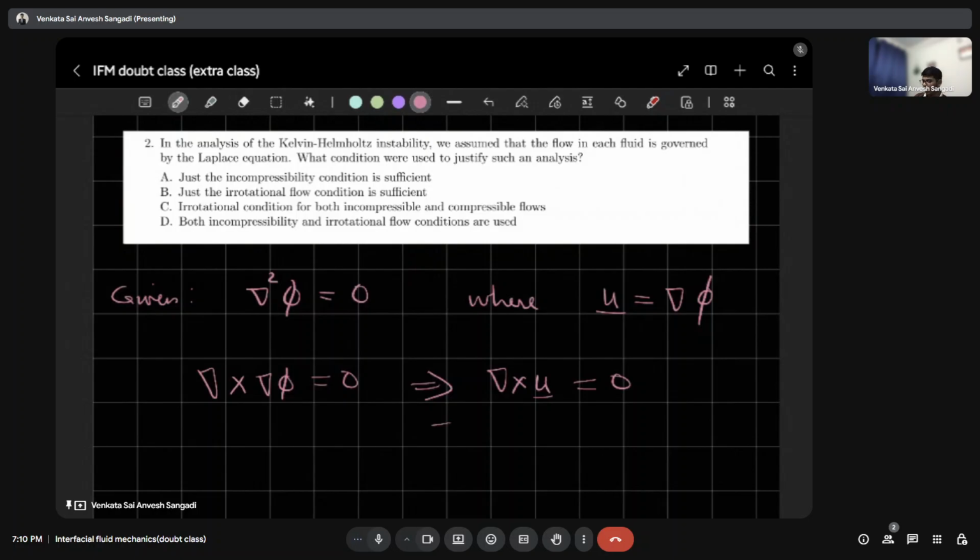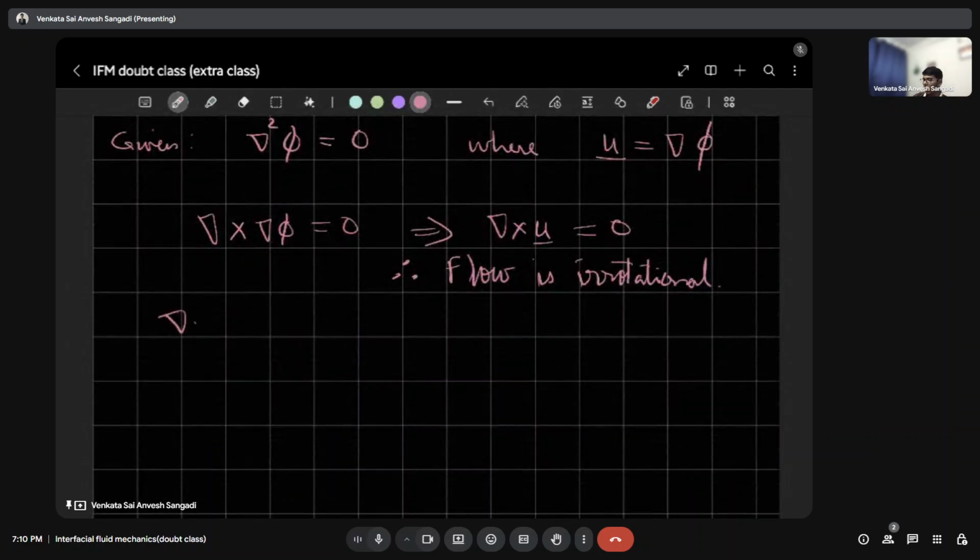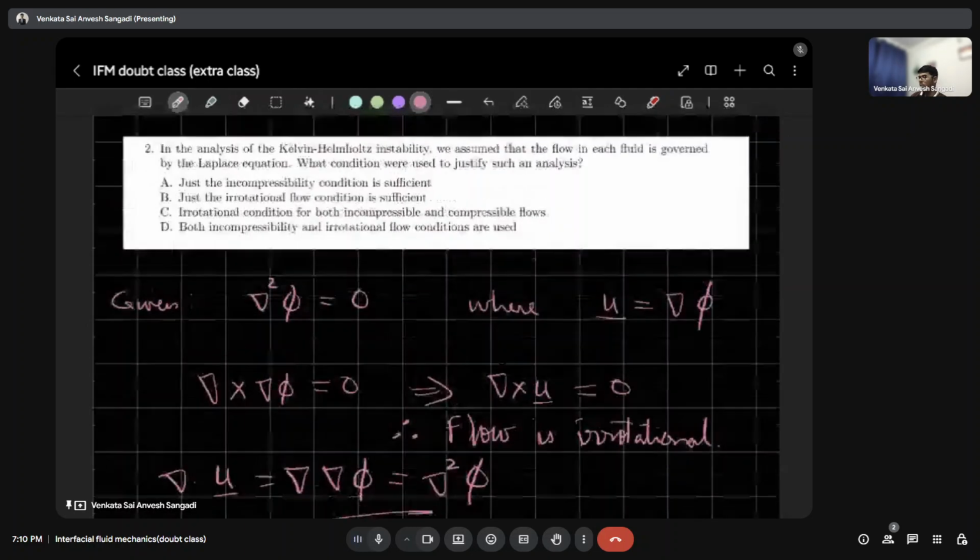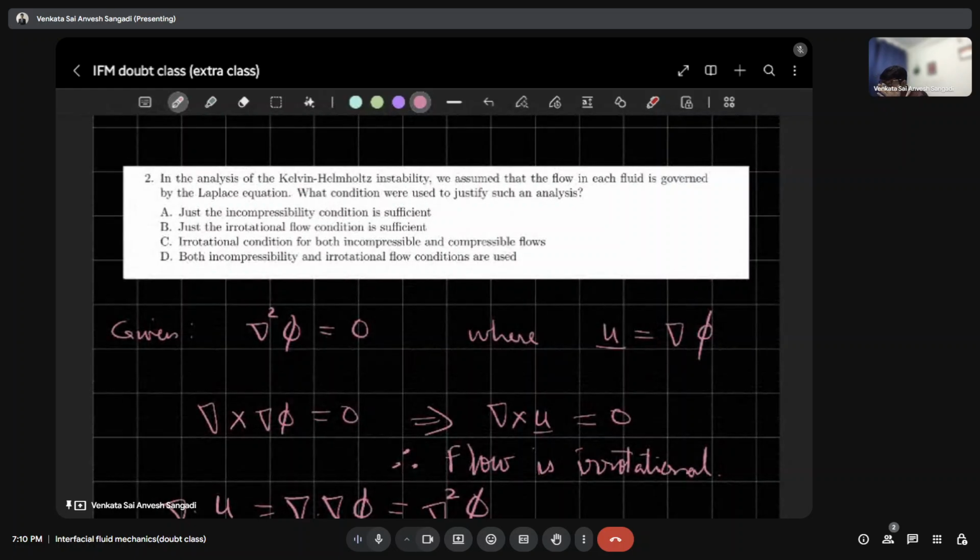Therefore the flow is irrotational, and del dot u equals del dot gradient of phi, which equals del square phi. Therefore, both incompressibility and irrotationality are needed. So the correct answer is option D.